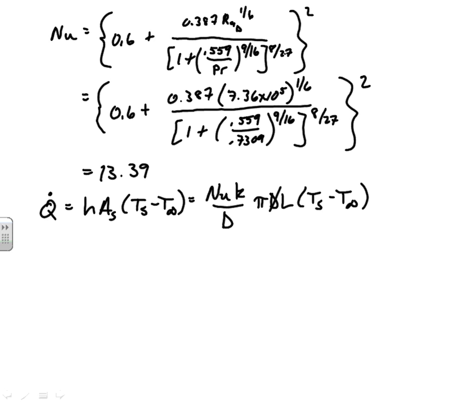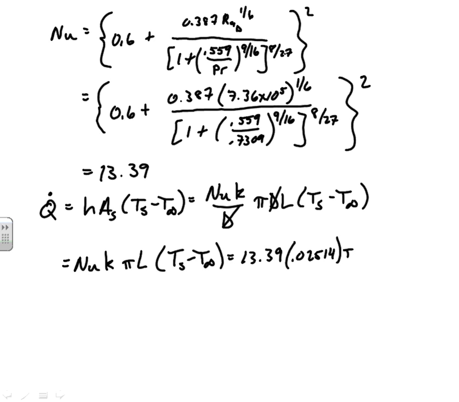So I see these D's cancel, and I'm just left with the Nusselt number times k times pi times L times the temperature difference. And that's equal to 13.39 times k, 0.02514, times pi times L, 0.150, times the temperature difference, 36 minus 4. And that's going to give me a heat transfer rate of 5.08 watts.